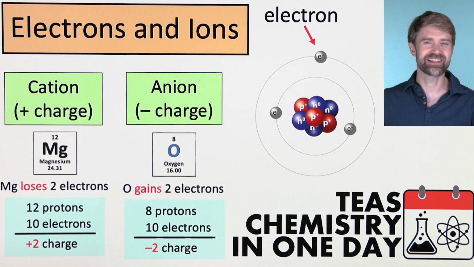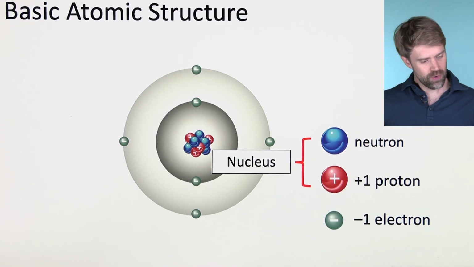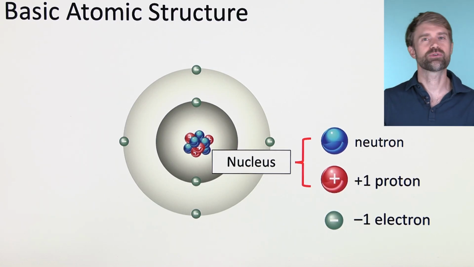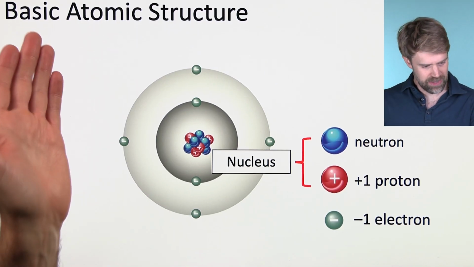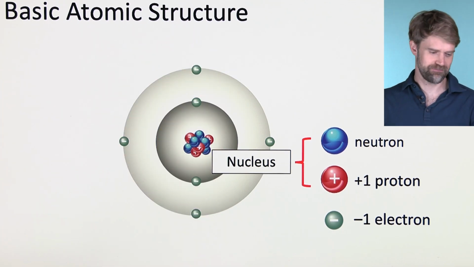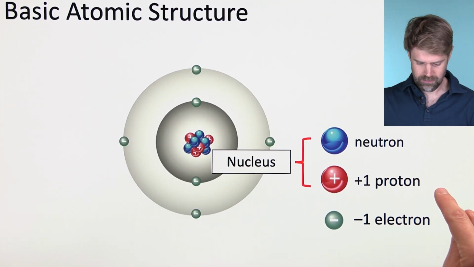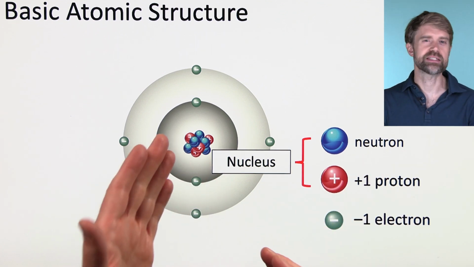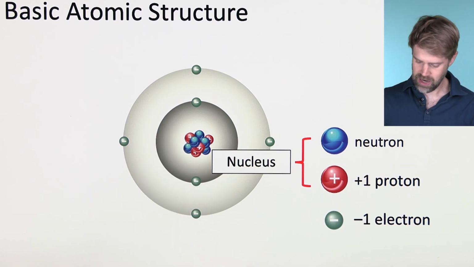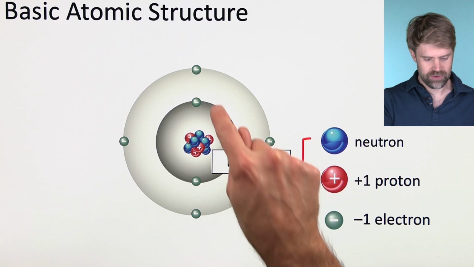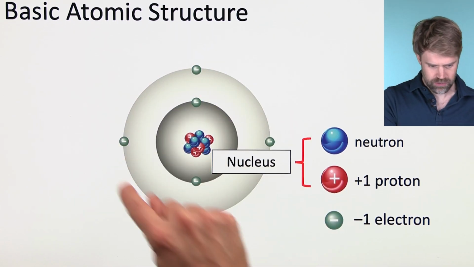So, let's get started. Before we talk about electrons and ions, we have to review a few things about basic atomic structure. Remember that neutrons and protons both live in the nucleus in the center of the atom. Electrons are found in shells outside the nucleus.